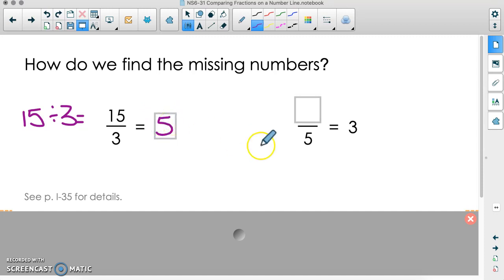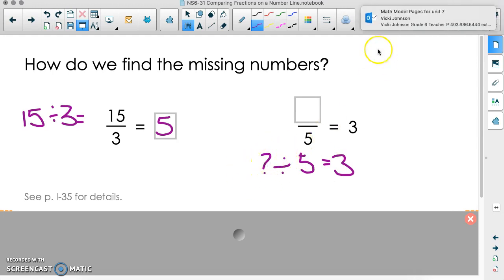Okay, now we're going to do this equation on the board. What divided by 5 is equal to 3? So we have something we don't know divided by 5 is equal to 3. Well, how are we going to solve this? So this is our missing number. We need to know the opposite operation of division.